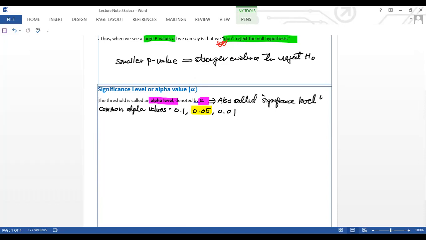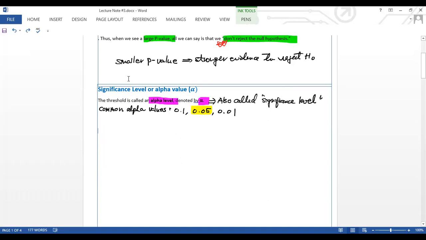So how do we say this when you write the statistical report? This is what you're going to say when you write the conclusions.